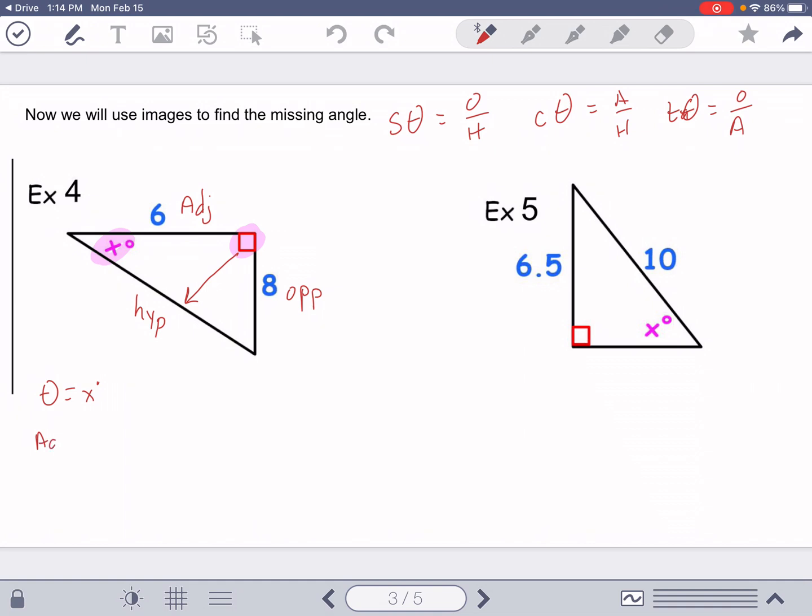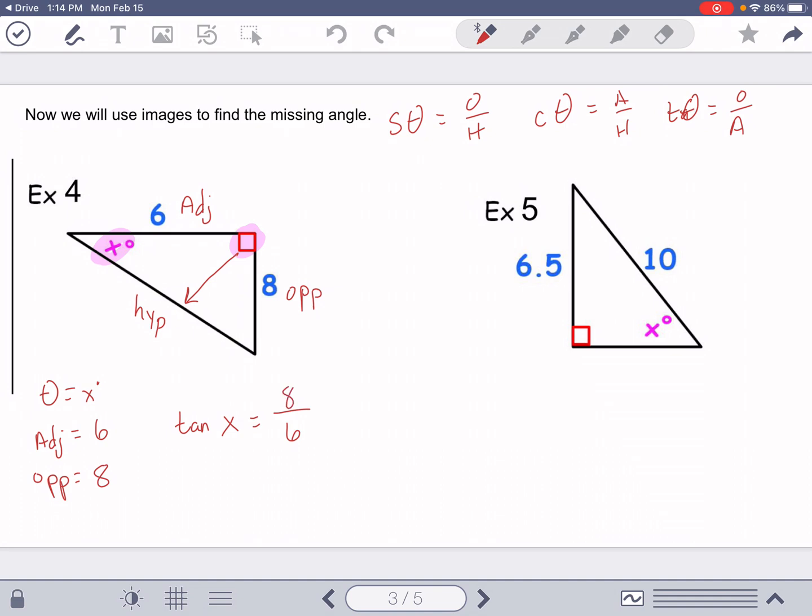The adjacent side is 6, and the opposite side is 8. Which of my trig functions uses the adjacent and opposite side? Well, that would be the tangent. So when I substitute this in, I get tangent of x equals opposite on the top and adjacent on the bottom.